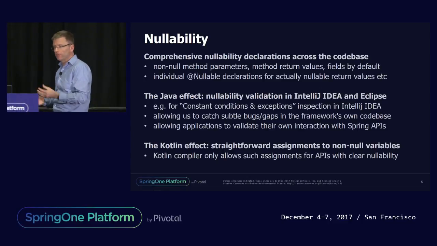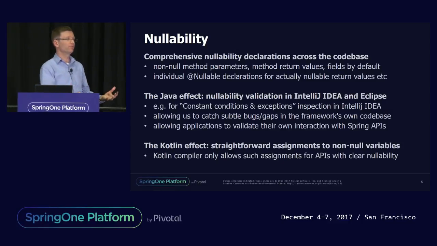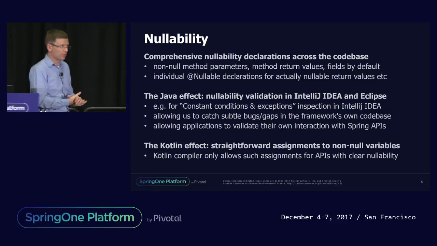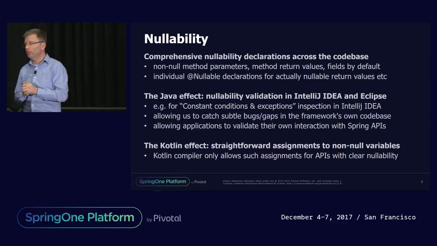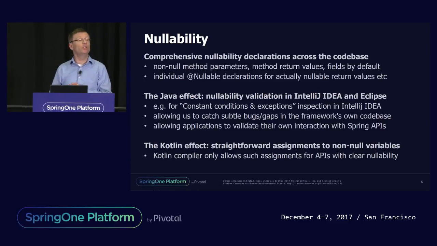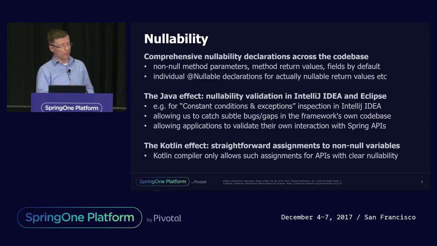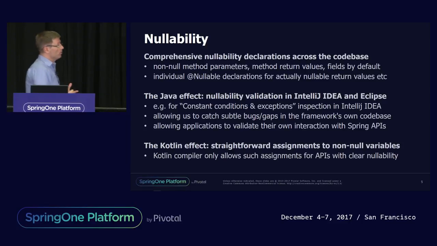The Kotlin compiler is simply going to say, OK, if it says non-null here, I assume that's actually true. It can't verify, of course, that it's actually true, but the formal declaration that you do not ever intend to return null from this particular method is good enough for the Kotlin compiler to accept such an assignment. So that was the original motivation.